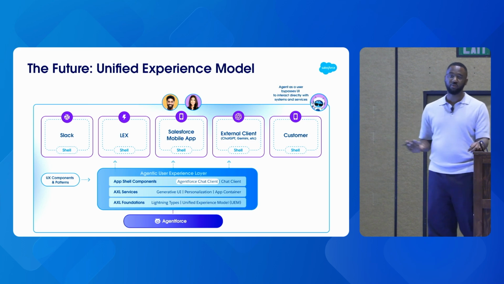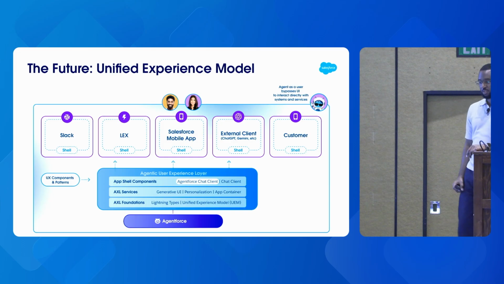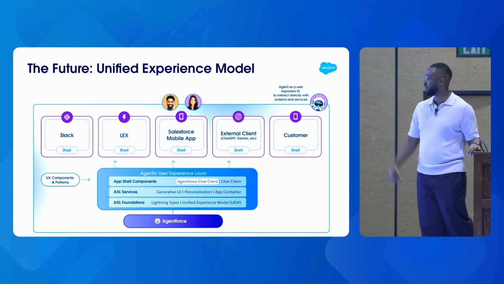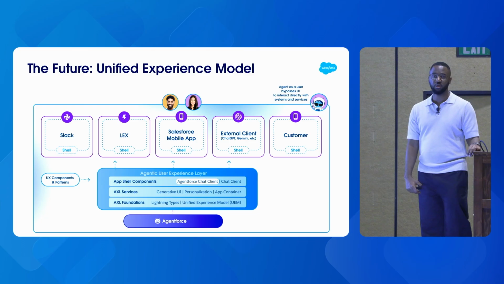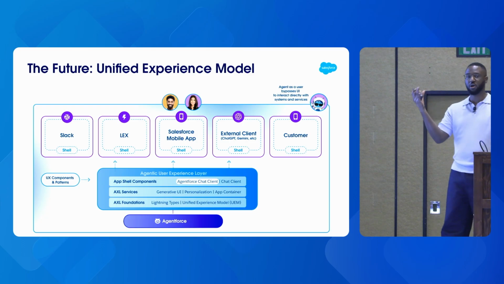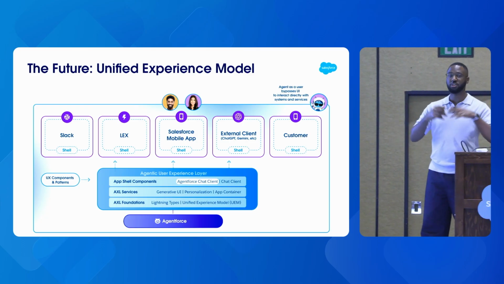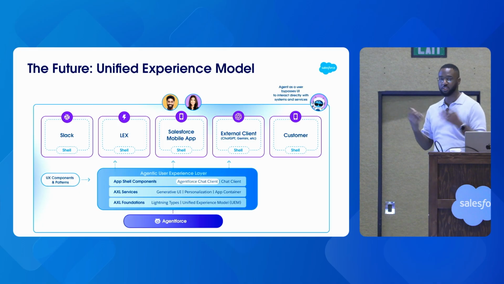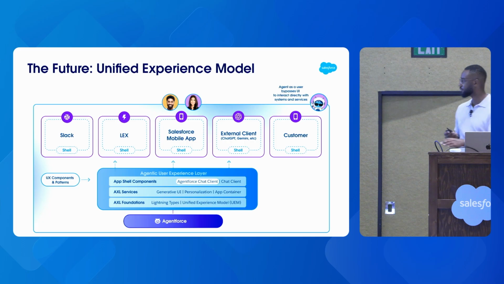And the way that works is with custom Lightning types. And so you're going to see a new unified experience model today at the keynote. And it's going to use custom Lightning types as the foundation of rendering rich UI across different places, not just Agentforce conversations, but places like Slack, places like ChatGPT, and other external clients like that.